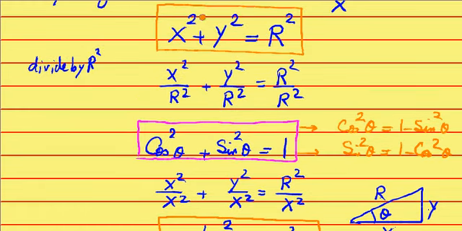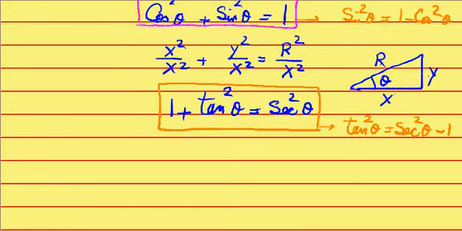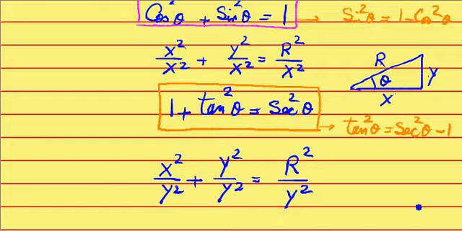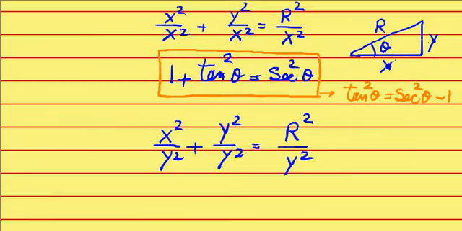Okay, round 3. I can take this and divide it by y squared this time. So my formula is going to look like x squared over y squared plus y squared is equal to r squared over y squared. Who are these? X over y is adjacent over opposite.